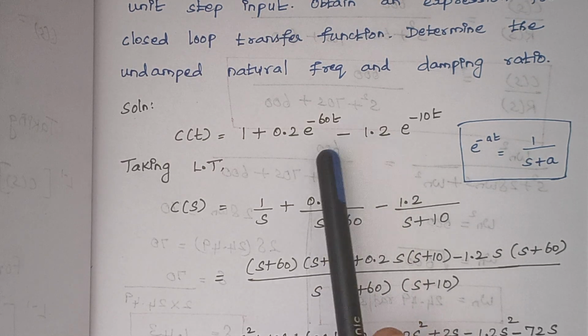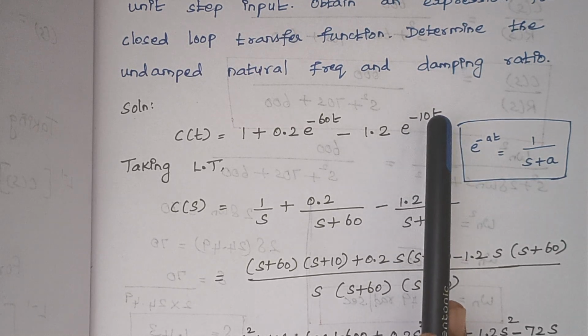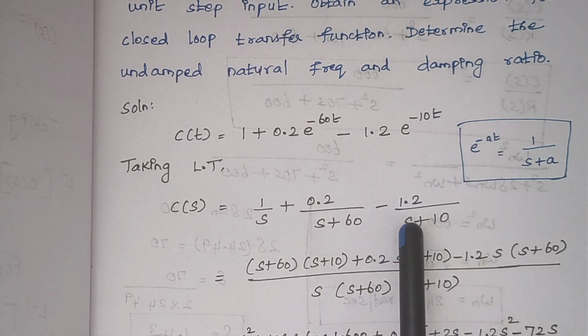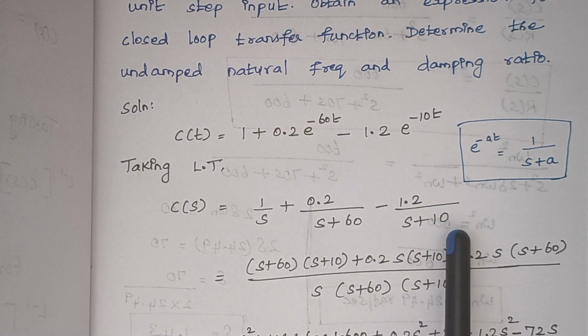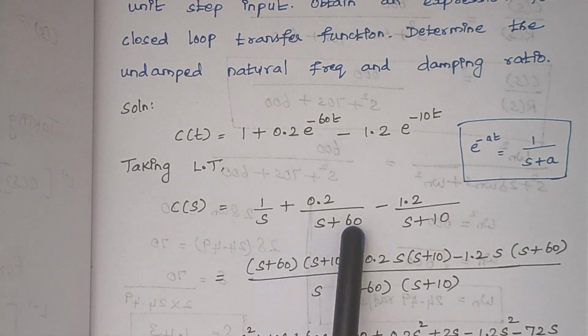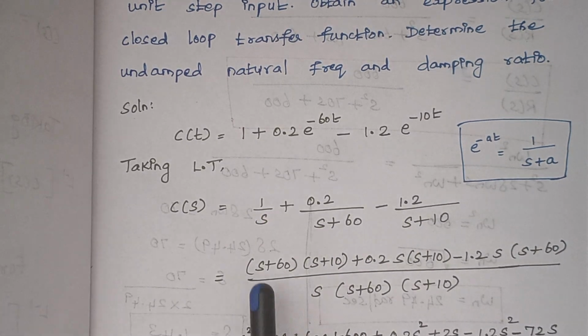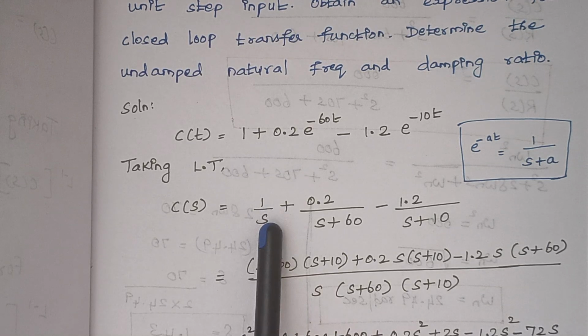And similarly here minus 1.2 remains as such, and e power minus 10t, when you take Laplace transformation, becomes 1 by s plus 10, right? The next step is we are going to take LCM. So here we are having three different terms, s, s plus 60 and s plus 10. As you take LCM here, s is already present.